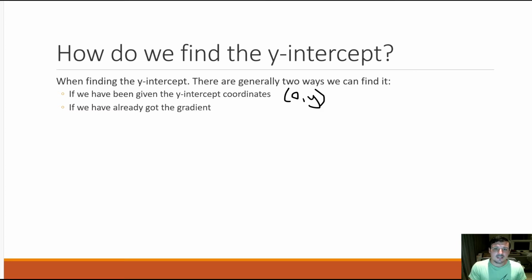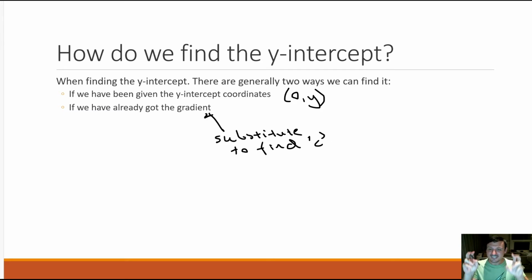The second part is when we have the gradient. If we have the gradient, in this situation, we have to substitute to find C. I guess we'll call it C.